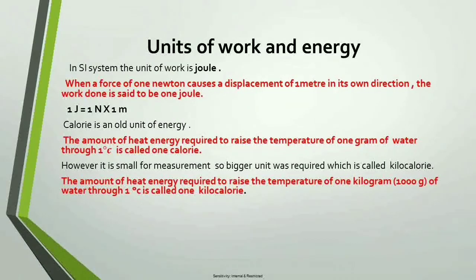And the conversion is given here: 1 kilocalorie is equal to 1000 calories. Clear? Or we can change it into joule also. Clear? So this is all about the units of work and energy.